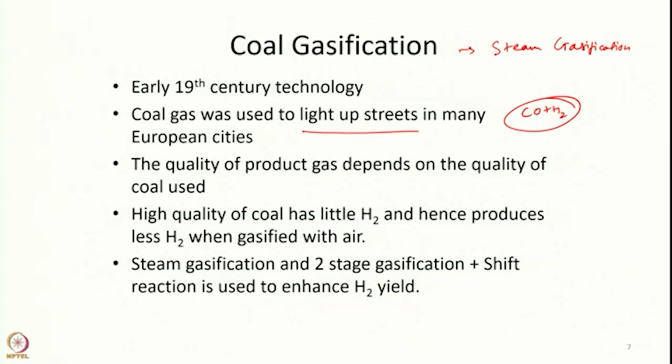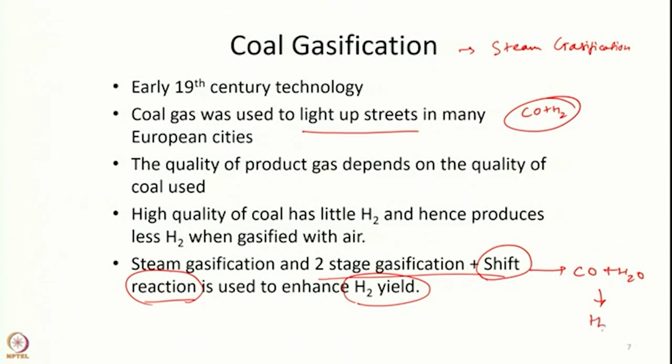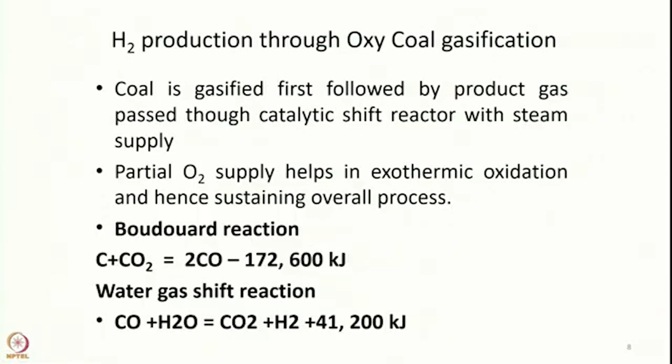So steam gasification and two stage gasification plus shift reaction are used to enhance the hydrogen yield. The shift reactor we have seen: the reaction of carbon monoxide plus H2O gives H2 plus CO2. This is the second stage, the catalytic conversion stage, used in the coal gasification process for hydrogen yield.